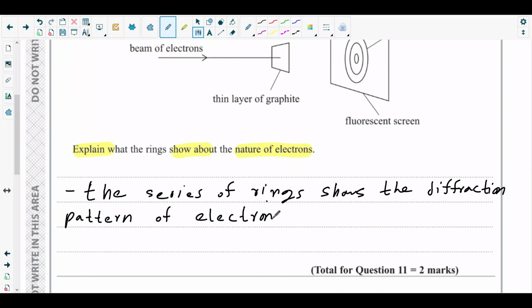So we know that diffraction is a wave property. Diffraction or interference, both will work. Diffraction is a wave property.